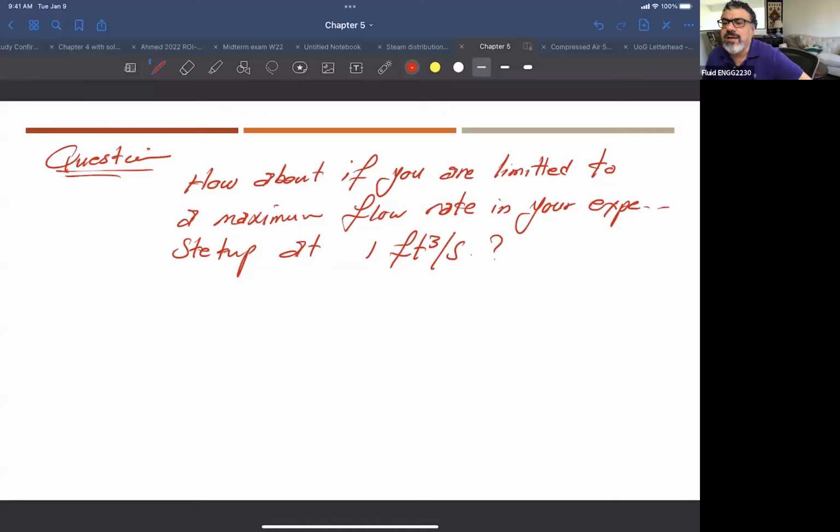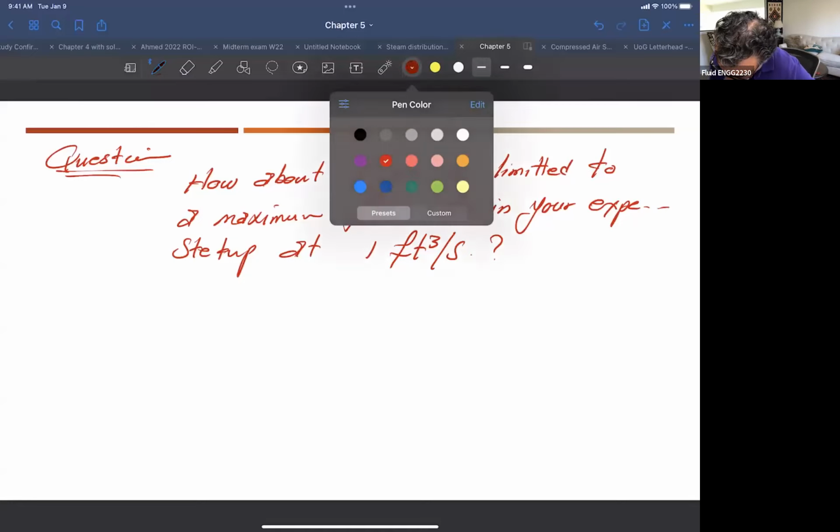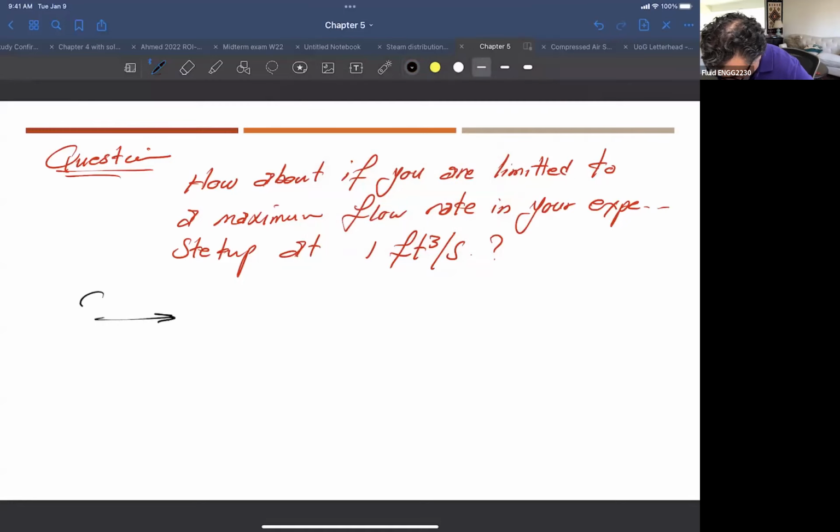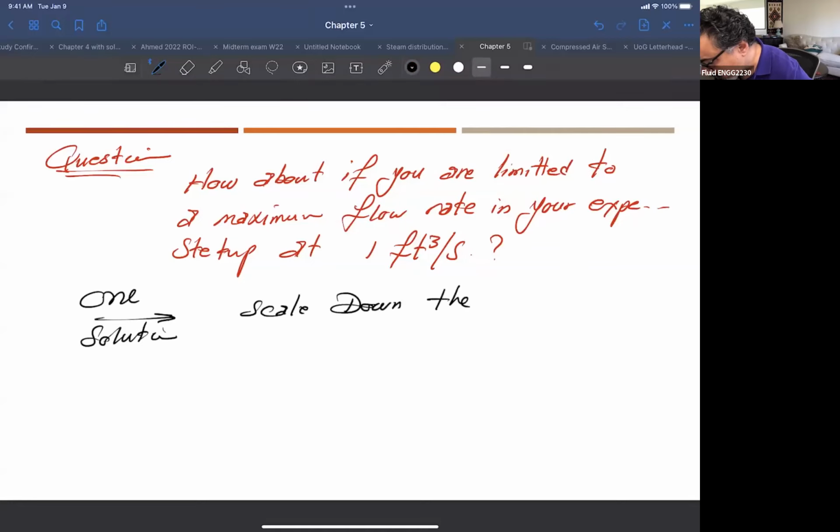Okay. So one of the approaches is to scale down the model. One solution: scale down the model. And how can I scale the model in this case?